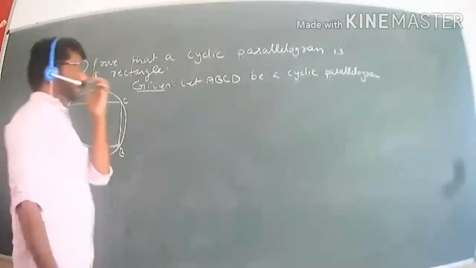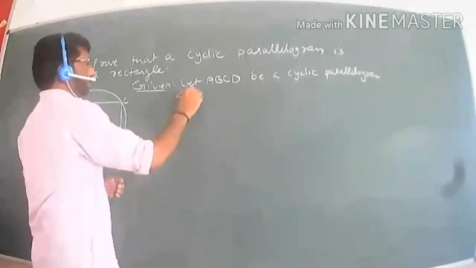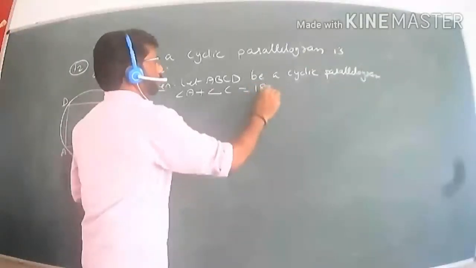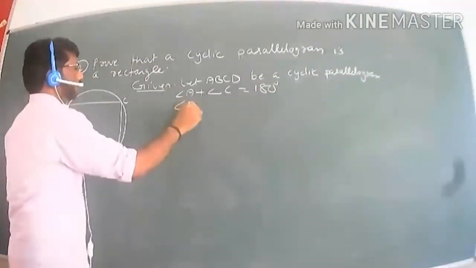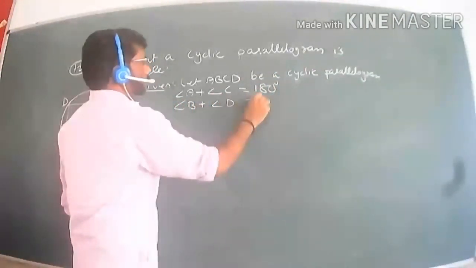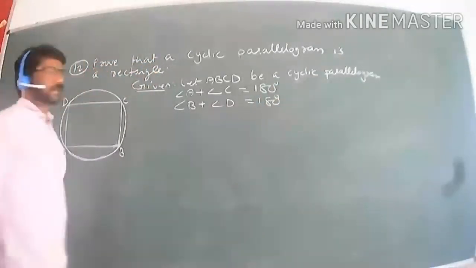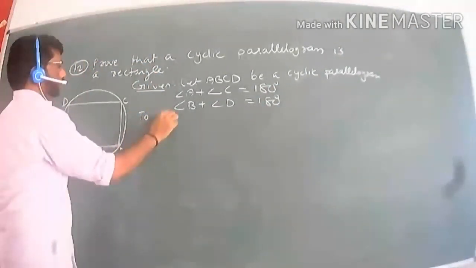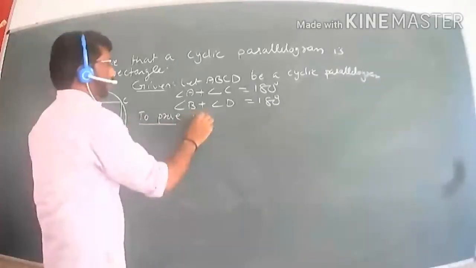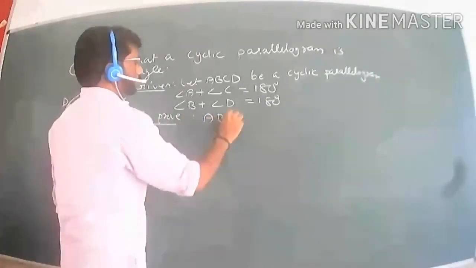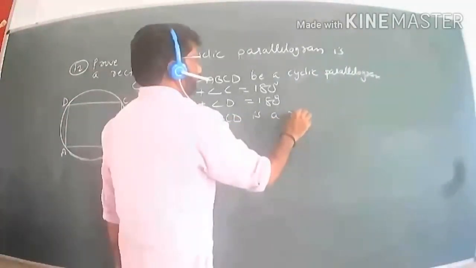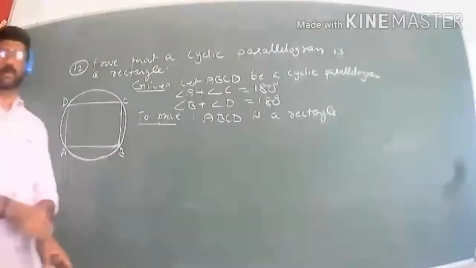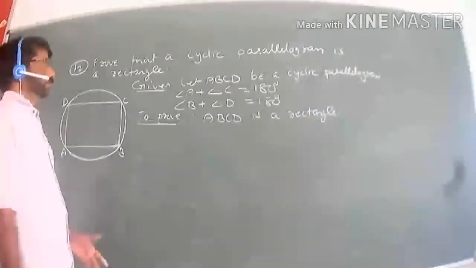If it is cyclic, we know that angle A plus angle C, opposite angles, equal to 180 degrees, and angle B plus angle D is also 180 degrees. These are the given conditions. To prove: ABCD is a rectangle. That is, only one angle of 90 degrees needs to be proved.